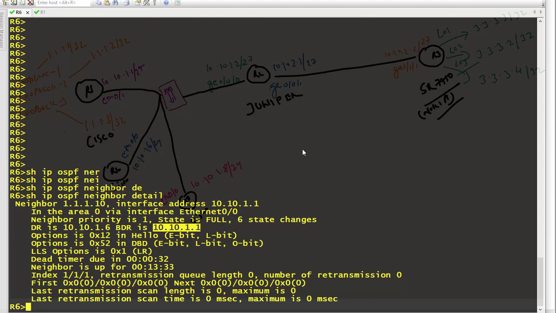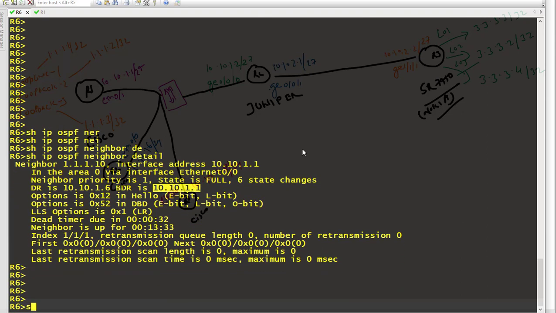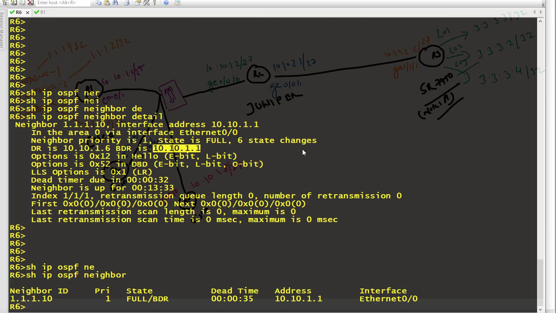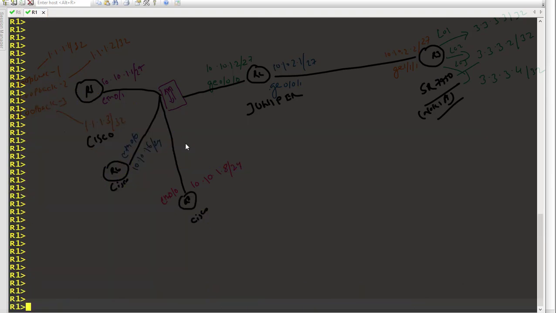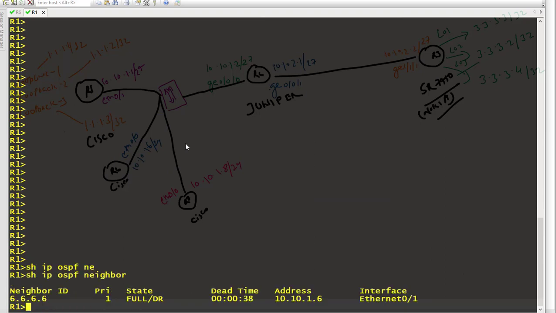Why is it so? Because both have the same router priority of 1. So the highest router ID will become the DR, which is 6.6.6.6 in this segment. So 6 will become the DR and R1 becomes the BDR.